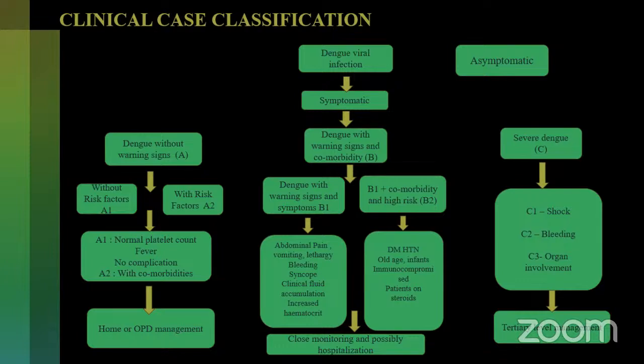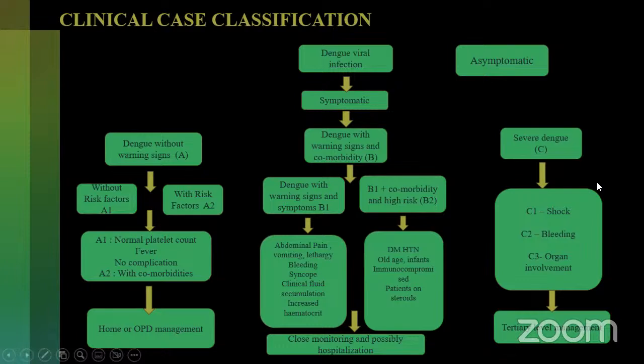B2 is those presenting with one or more of these warning signs, along with the presence of comorbidities or high risk features like diabetes, hypertension, old age, immunocompromised patients, or patients on steroids. So these are the patients who have a very high risk of developing a moderate kind of infection. So the group B is moderate dengue. These patients usually require close monitoring and they require hospitalization.